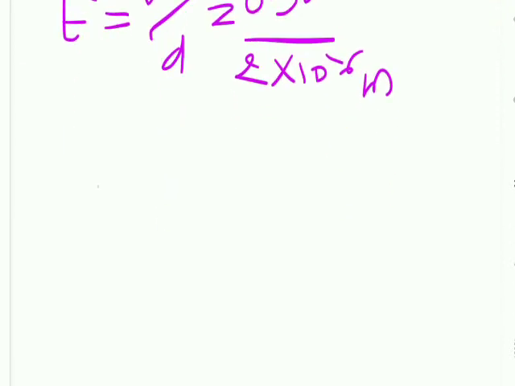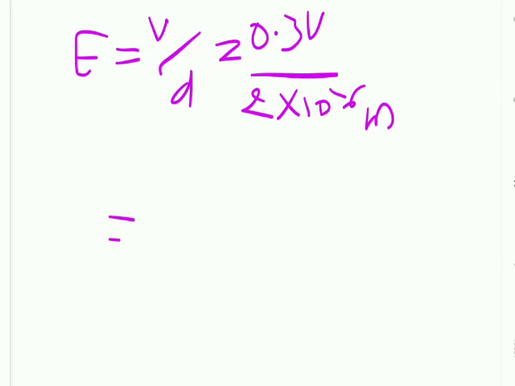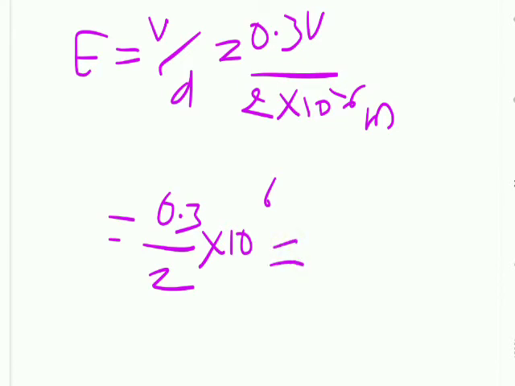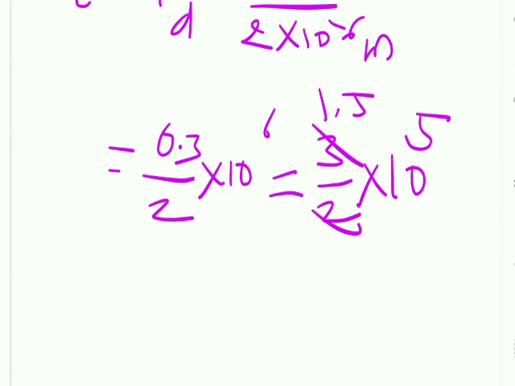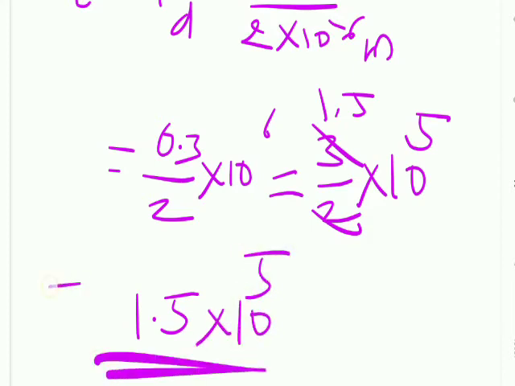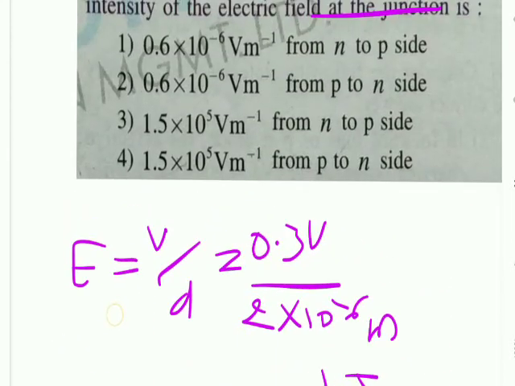So 0.3 by 2 into 10 to the power of minus 6. So 3 by 2 into 10 to the power of 5, which gives 1.5. So our answer is 1.5 into 10 to the power of 5, the intensity of electric field.